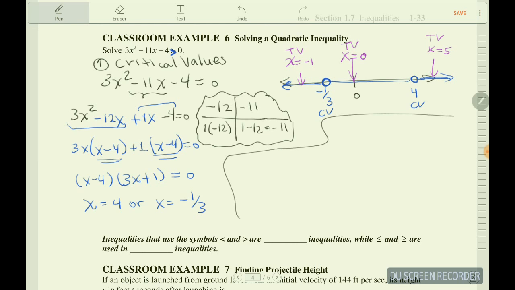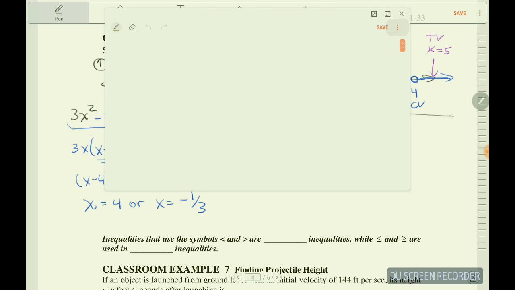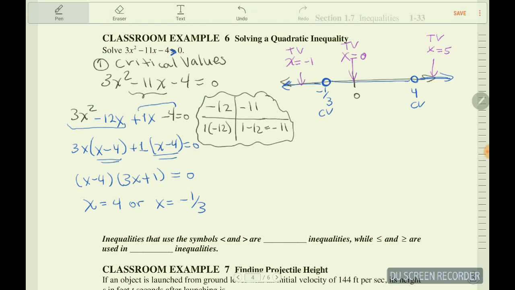Okay, so test my test values. I was going to use -1.